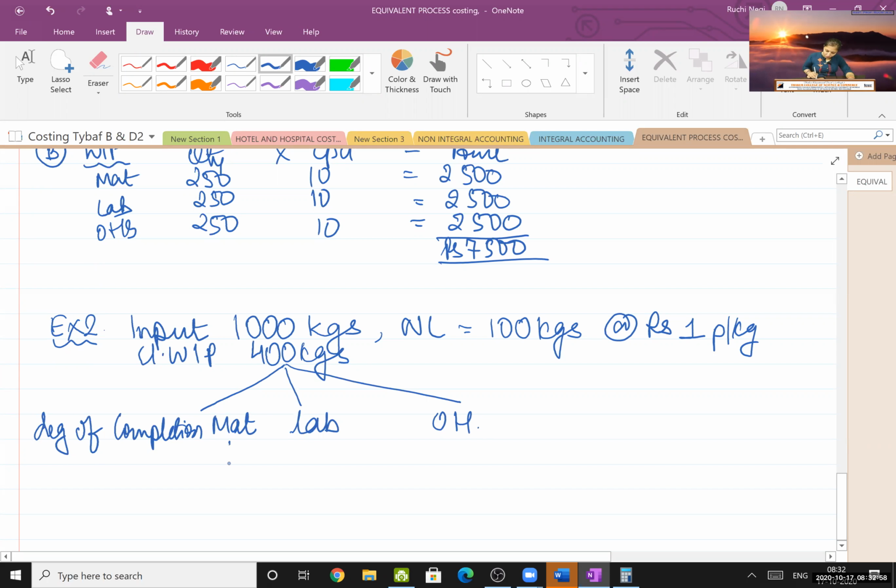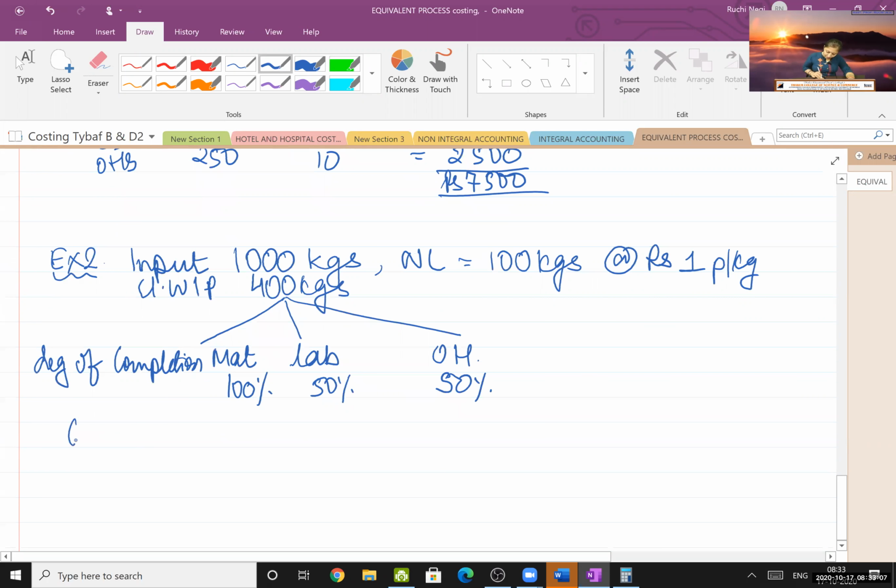So 100%, 50%, and 50%. Cost incurred same: material, labor, overheads.